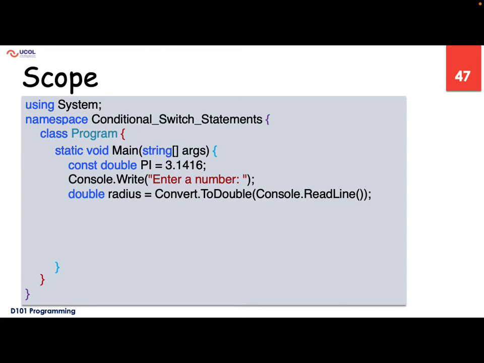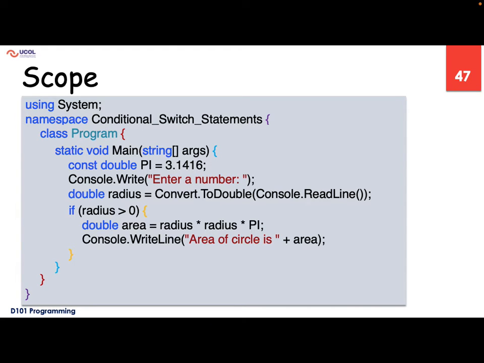Understand? So class level. And then we have if radius is greater than 0, that is a block. Within the if block, we are defining a variable that is a double area. Make sense? So we have a namespace, then we have a class, then we have the method, and then within the method we have that if block. It's a block.